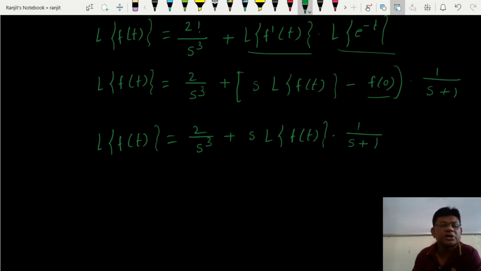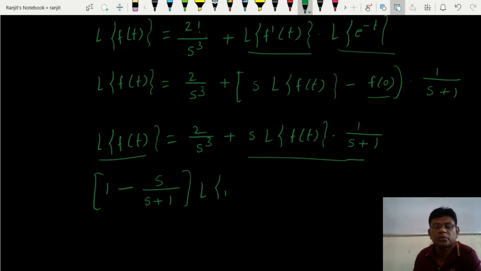Now simplification. Here Laplace transform of f of t be the common term. Remaining terms are 1 minus s upon s plus 1 times Laplace transform of f of t is equal to 2 upon s to the power 3.